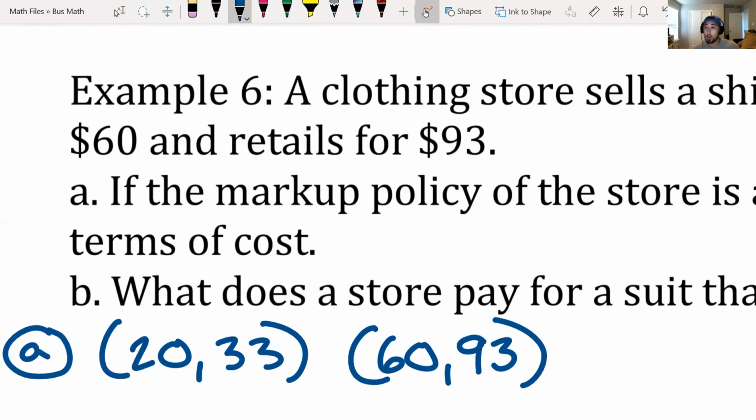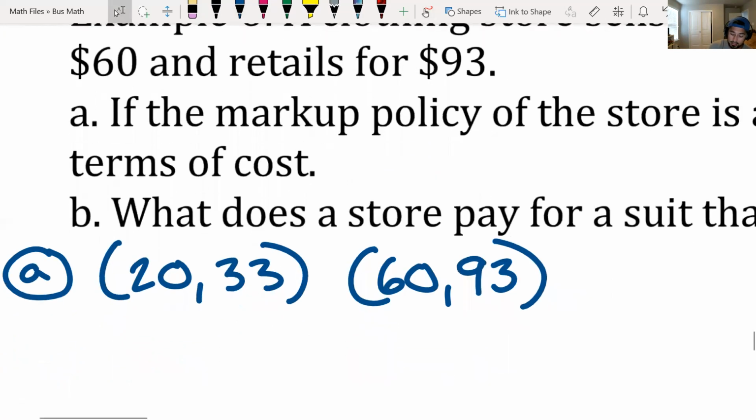Look at that. And our goal is to find this equation. But before we find the equation, we need to find the two ingredients. And those two ingredients are a point and a slope. Well, look at that. We found 2 points. All we have left to do is find the slope.